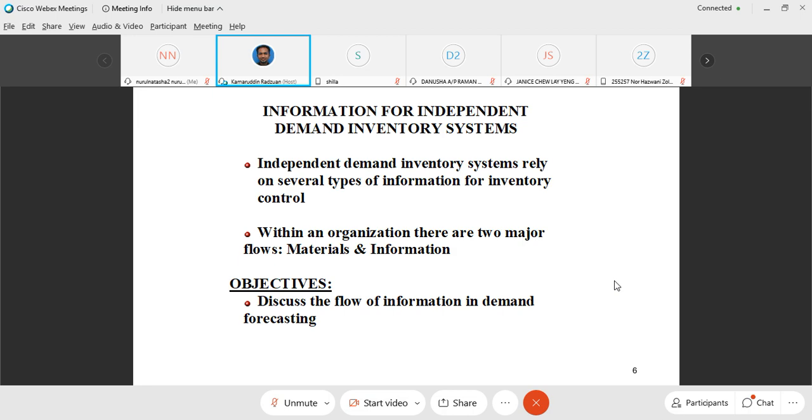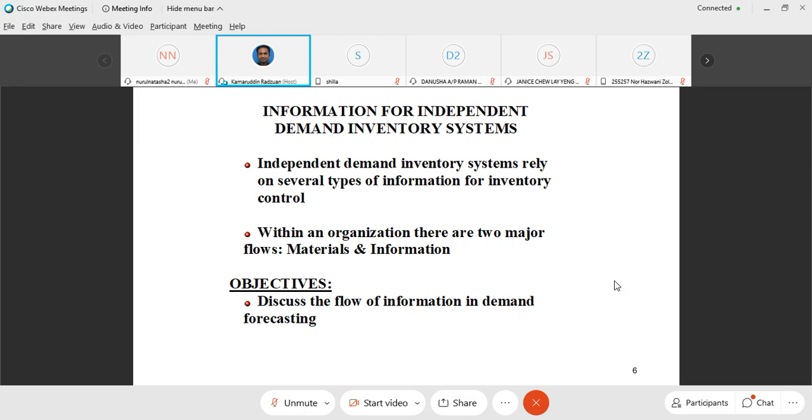Independent demand inventory system rely on several type of information for inventory control. Within an organization, there are two major flow, material and information. Baik, di dalam mengurus independent demand inventory system, maklumat adalah salah satu elemen yang sangat penting untuk memastikan pengurusan independent demand inventory tersebut berjalan dengan baik dan lancar.